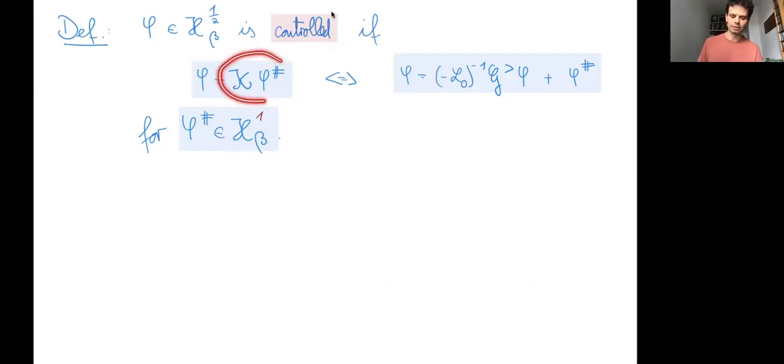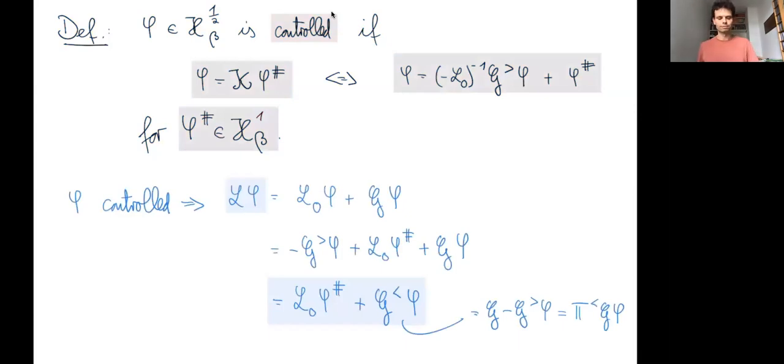So k again was, k of phi sharp was the unique solution to this equation. Why do I put the 1 here? In principle, we have a solution for every phi sharp in h1/2. So I could put 1/2 here, but if we don't have 1 here, then in the next step, we will not be able to get the generator to map phi to L2.